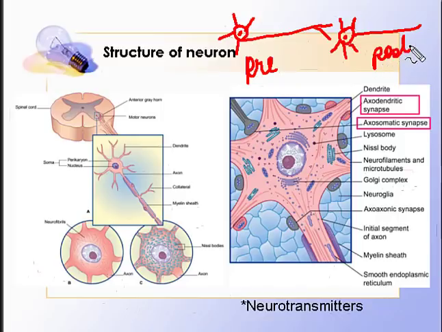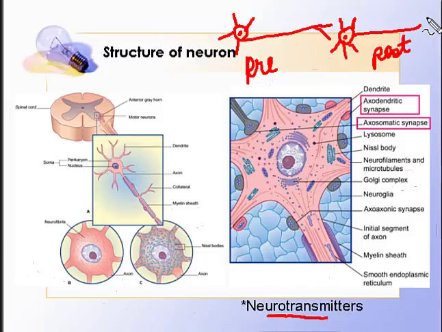And these presynaptic neurons will release a substance into this synaptic cleft. That substance is called a neurotransmitter. That neurotransmitter will come and attach to receptors present on these processes, and then that will depolarize the membrane in most cases, and the impulse conduction will continue and then go on to the next one.